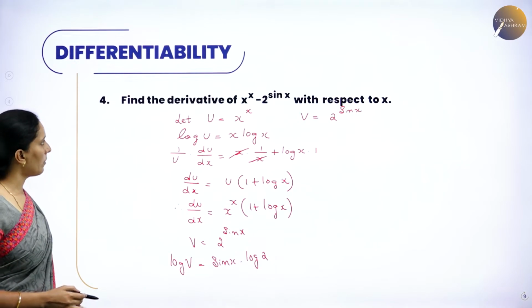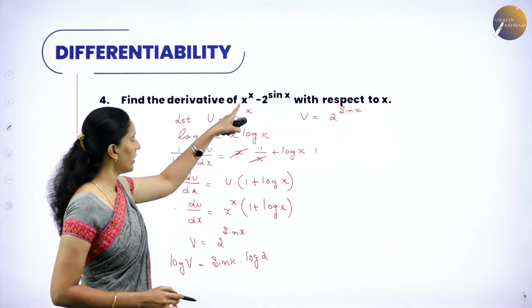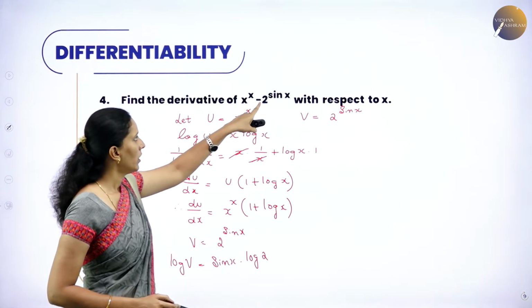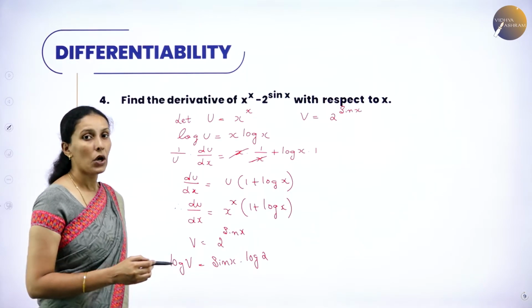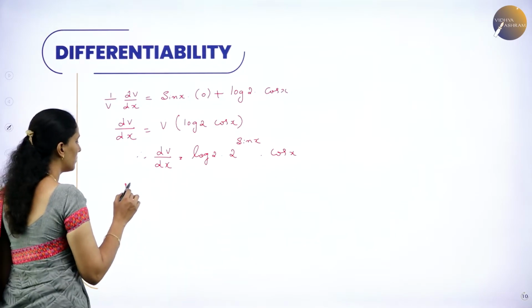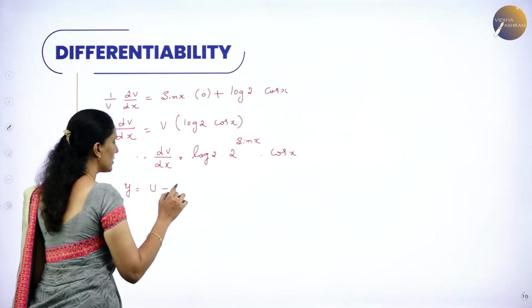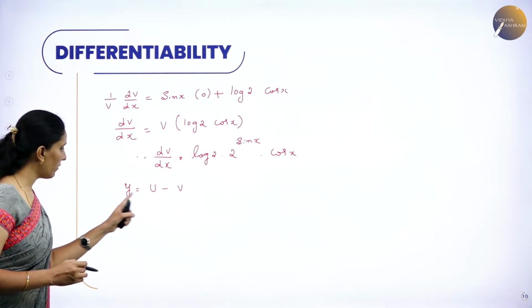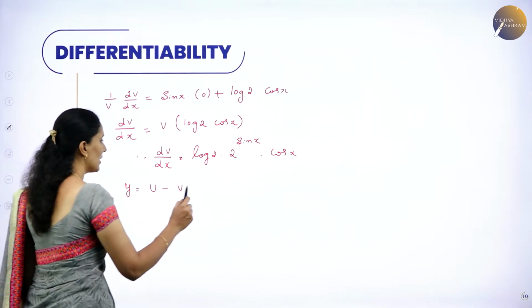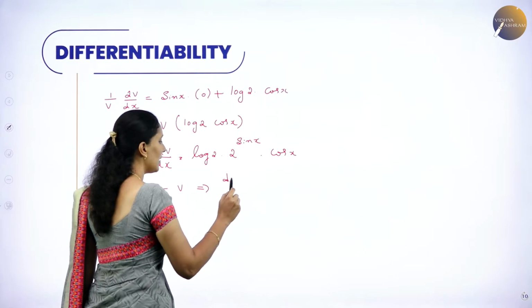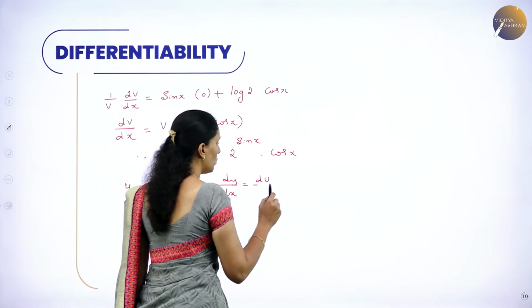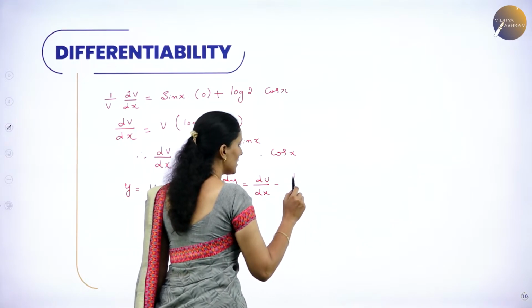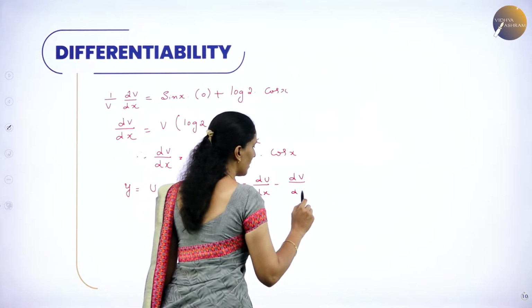Now from the case we have taken x power x as u, v as 2 power sin x. So that is why we can write y is equal to u minus v. So when you differentiate this with respect to x, this implies dy by dx is equal to du by dx minus dv by dx here.